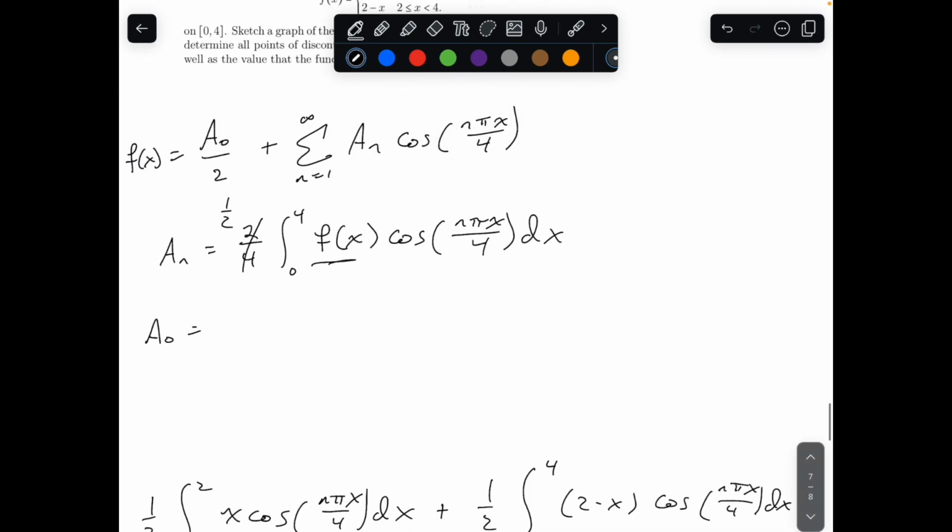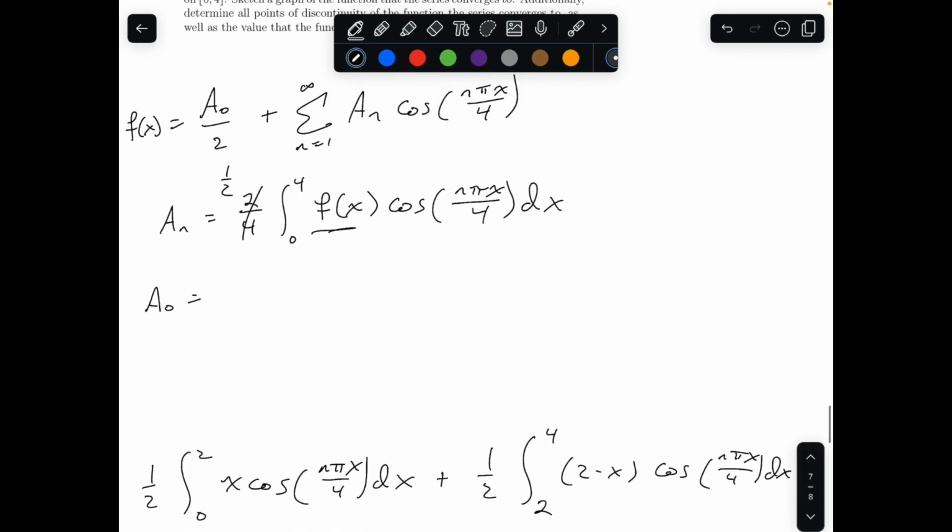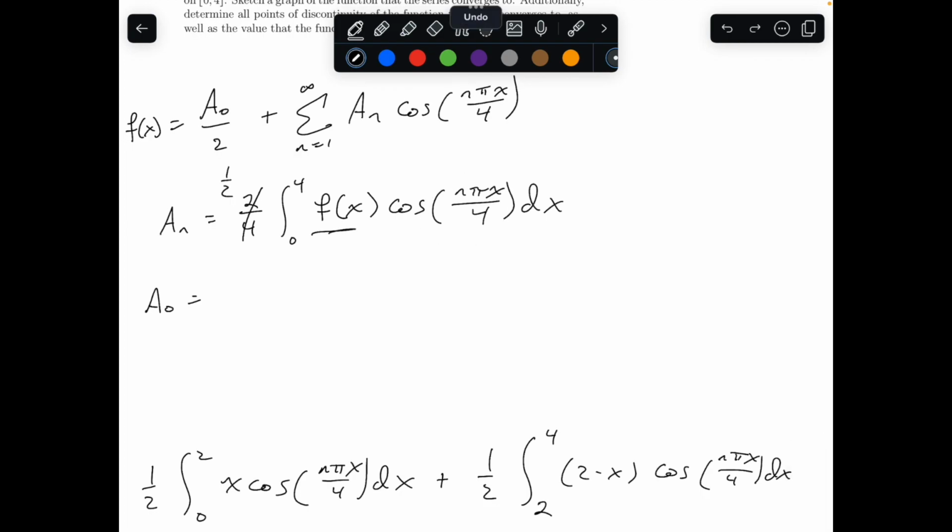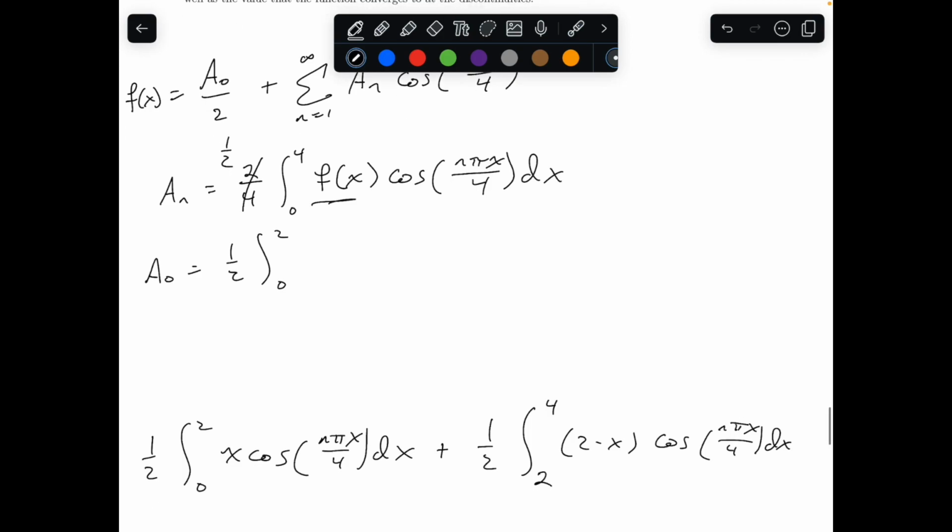You do typically want to handle the n equals 0 case separately. So A0 would just have cosine of 0 pi x over 4 in here, which is literally just cosine of 0. So this would just be 1/2 times the integral from 0 to 2 of x, plus 1/2 times the integral from 2 to 4 of 2 minus x dx, because cosine of 0 is 1.